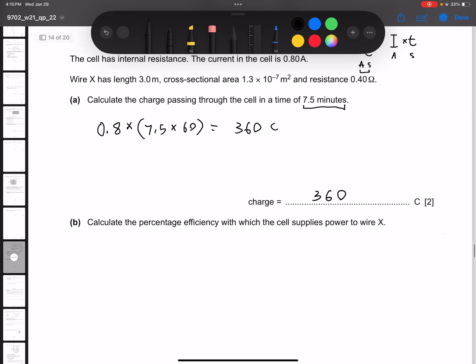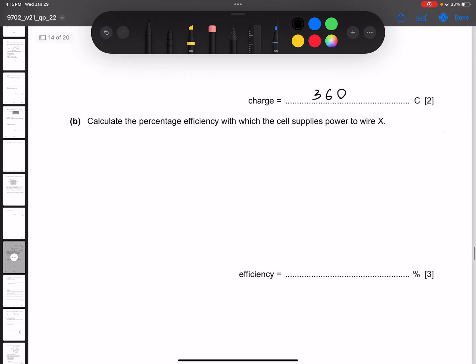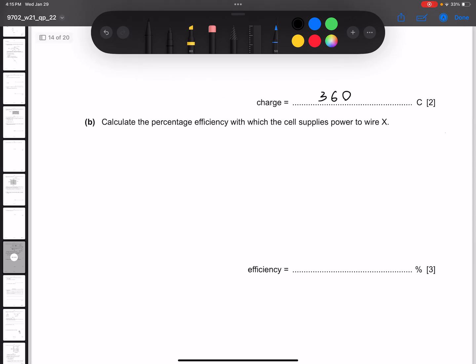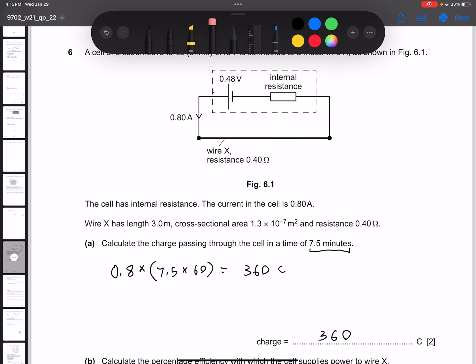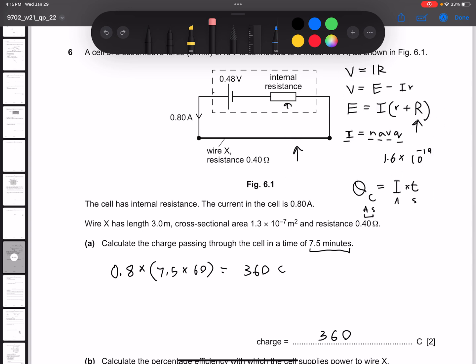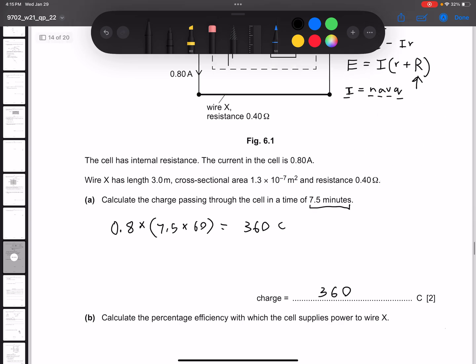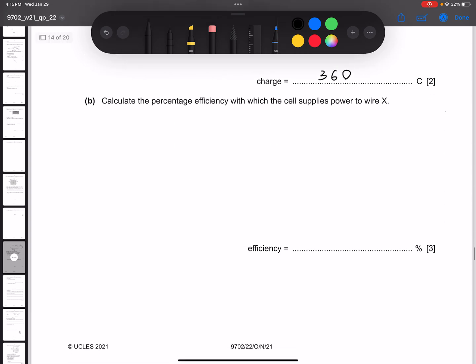Moving on. Calculate the percentage efficiency with which the cell supplies power to wire X. So this is our cell, right? Now the percentage efficiency of power. Let's start off by securing some marks. Always write the formula. This could give you a mark if you get the question wrong.